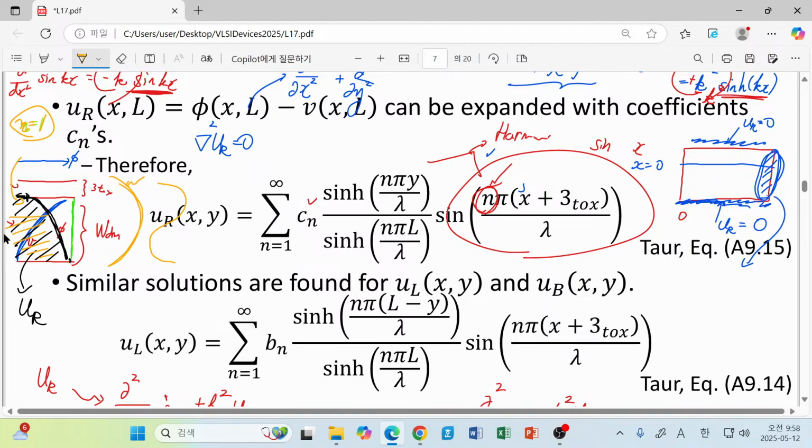So they cancel each other. What I want to say is, although we have an expansion corresponding to C sub n, of course n equal to 1, 2, 3, 4, when you go to higher n values, this sine function fluctuates quite rapidly.